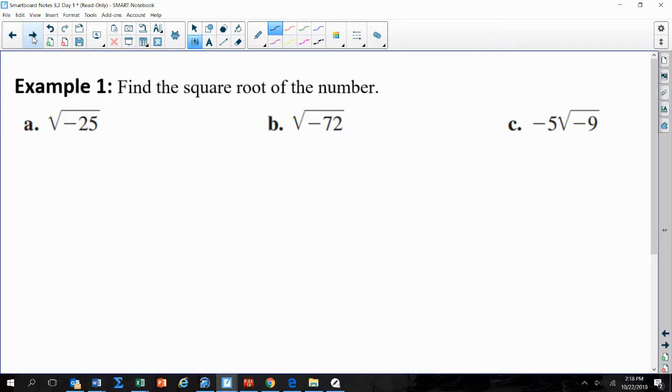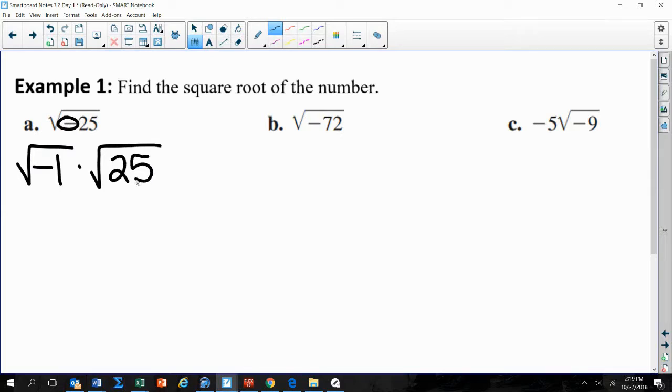Okay. I look at this guy. It's a square root with a negative underneath the radical. Are you ever going to take the square root of a negative number and get a real solution? No. So as soon as I see that negative, I know that I'm going to replace it with an i out front, right? This is really the square root of negative 1 times the square root of 25.